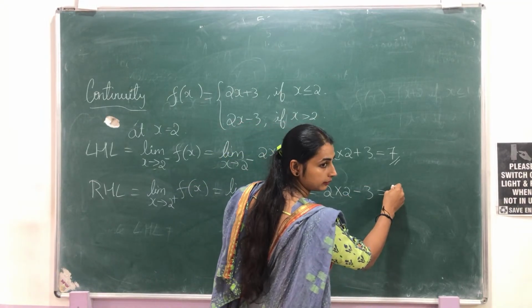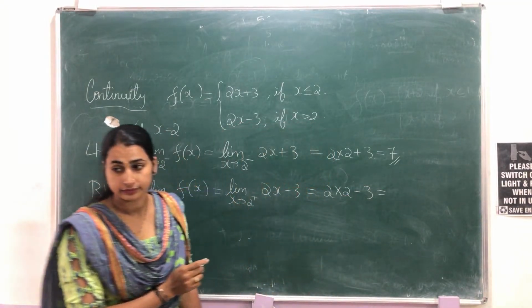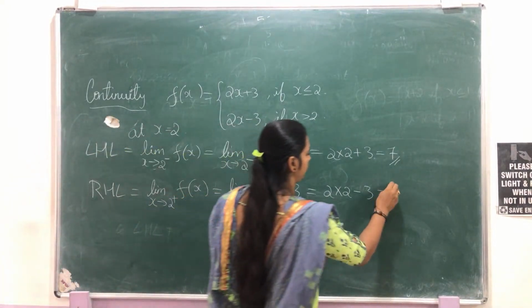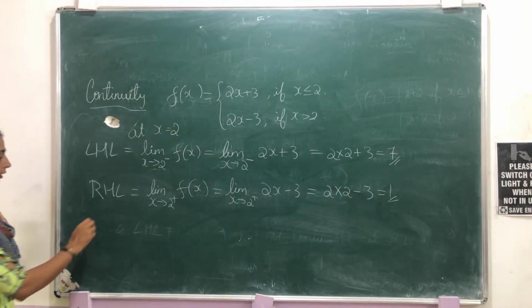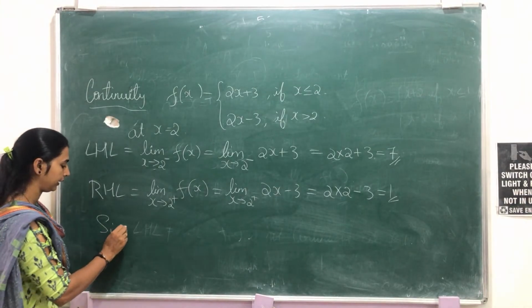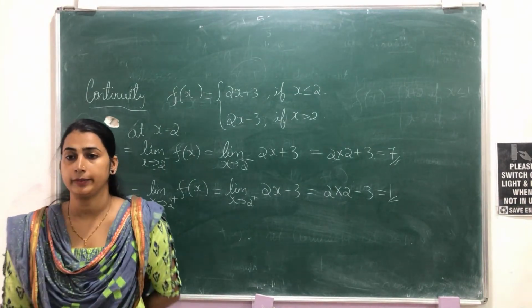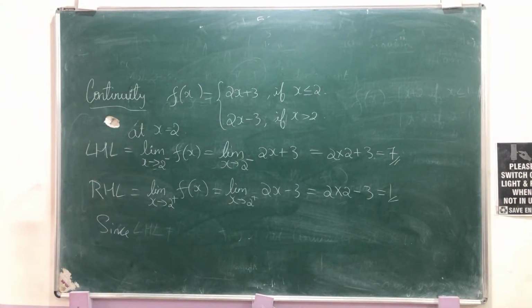So what is the answer? 5 minus 1, 4 minus 1, 3. Whether left hand limit equal to right hand limit? No. Here, write the conclusion. Since left hand limit is not equal to right hand limit, the given function f of x is not continuous at x equal to 2 and x equal to 2 is called as point of discontinuity.